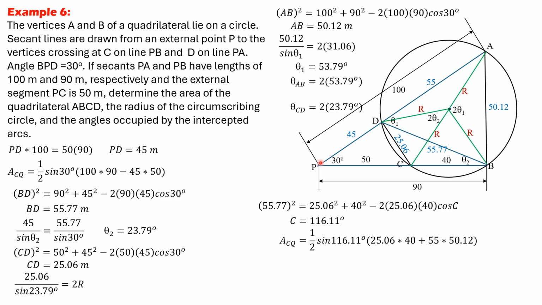So these are the 2 secants. If secants PA is 100 meters and PB is 90 meters respectively, and the external segment PC is 50, so that's 50. So this should be 40 because 90 minus 50 is 40. Determine the area of the quadrilateral.